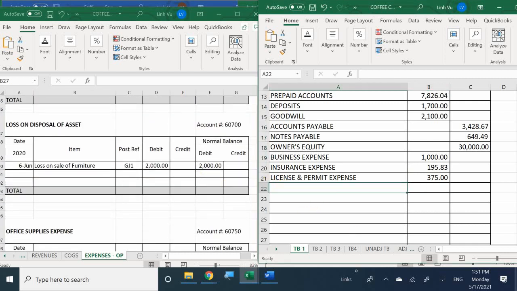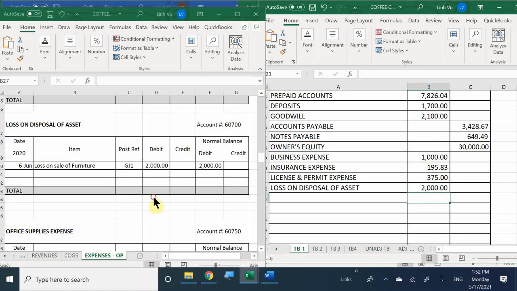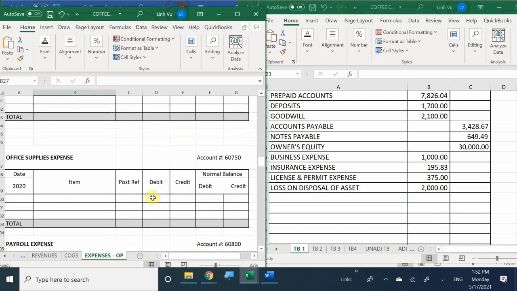We also had a loss on disposal of asset, right? This is when we created this account, and we are now recognizing our loss when we sold our furniture. Okay. Did we incur any office supplies expense?